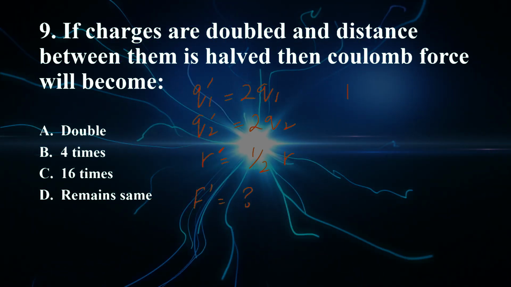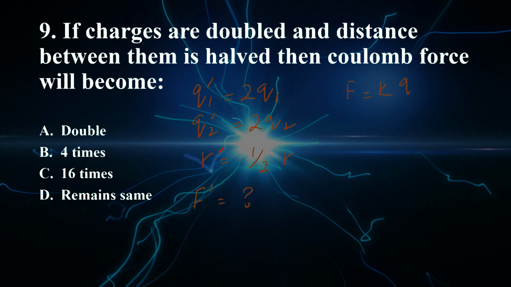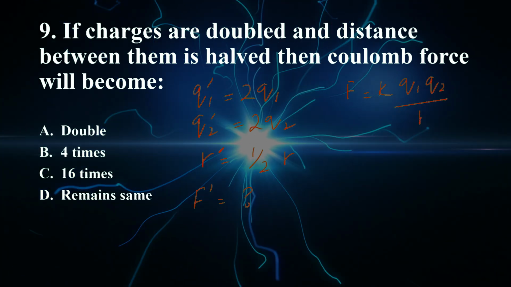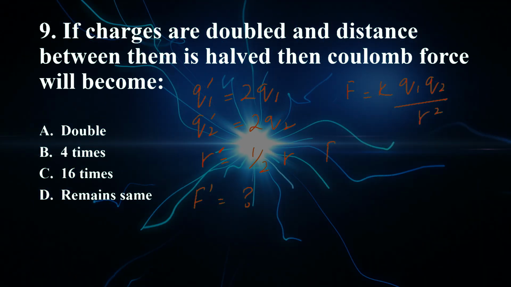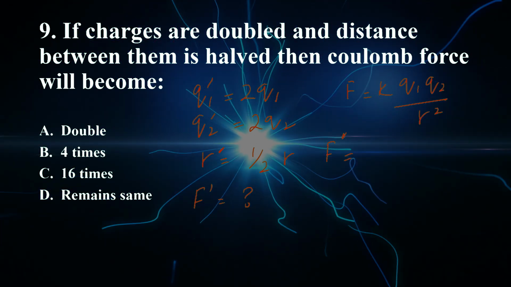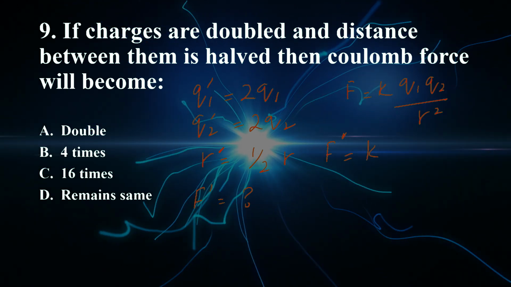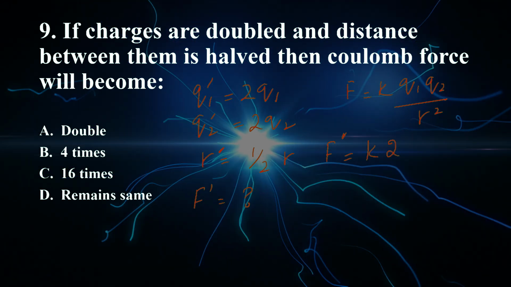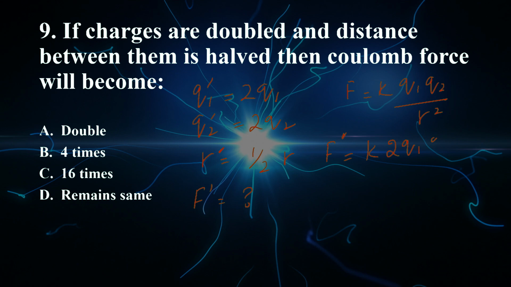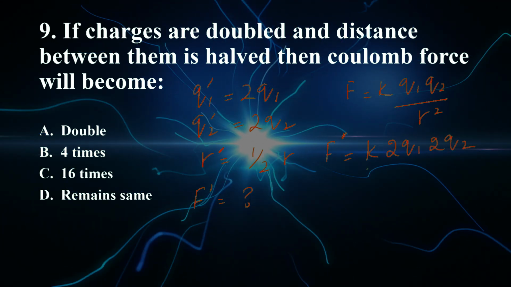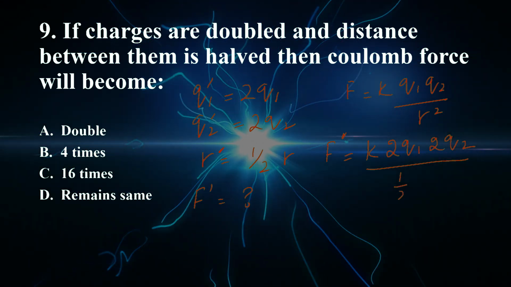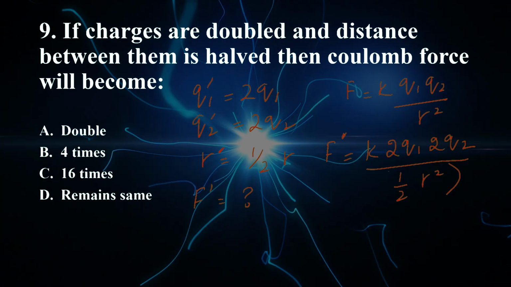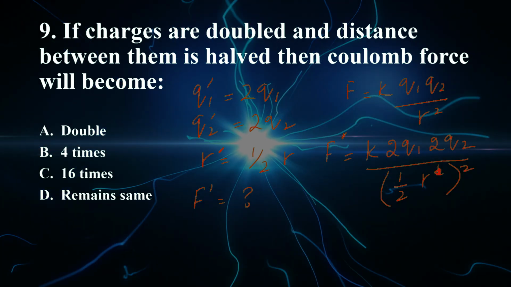So we know that the formula for Coulomb's force is F = K Q1 Q2 over R squared. If I want to write the new Coulomb's force due to these changes, the new charges will be twice Q1 and twice Q2, and the distance will be (R/2) squared.